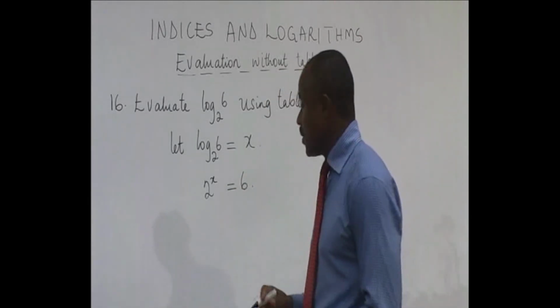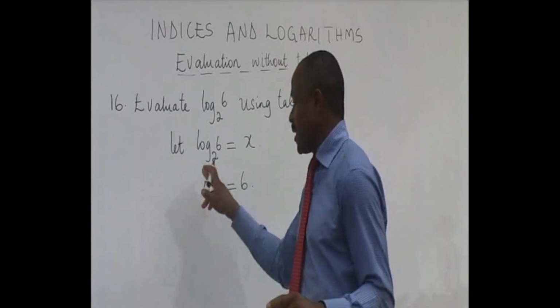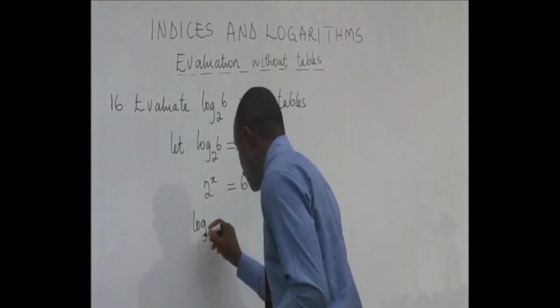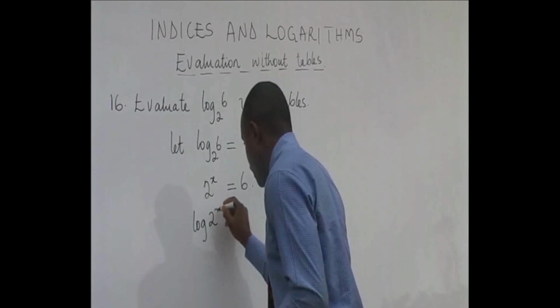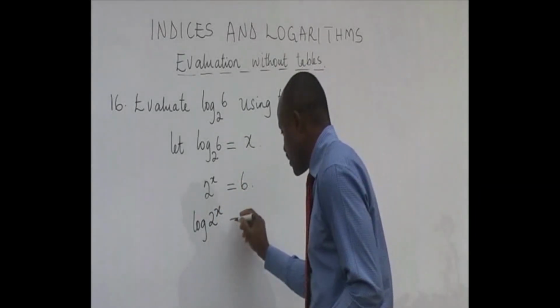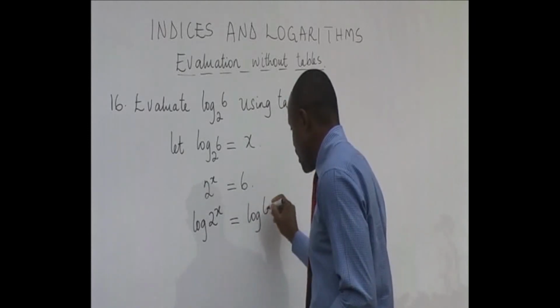At this juncture, it's like you are running away from the logarithms. Introduce back the logarithms. You will now have log to any given base of 2^x is equal to log to the same base of 6.